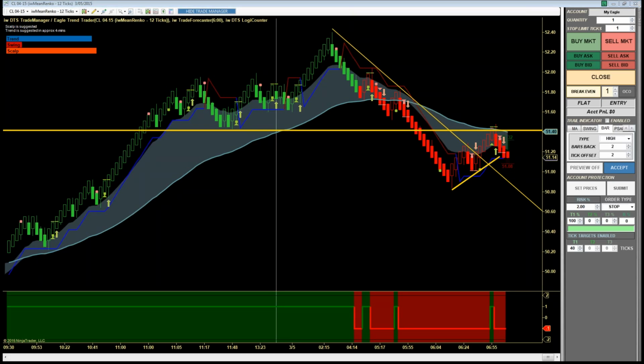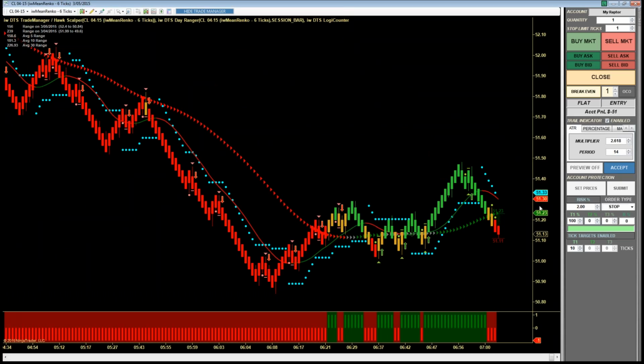And on the hawk, we're also getting a possible red bar buy, which we could set up to sell also. So we're getting a couple confirmation signals here on crude oil that, in fact, it might be getting ready to head lower. I want to see this red bar buy actually print a signal, however, before I get too serious about selling it.